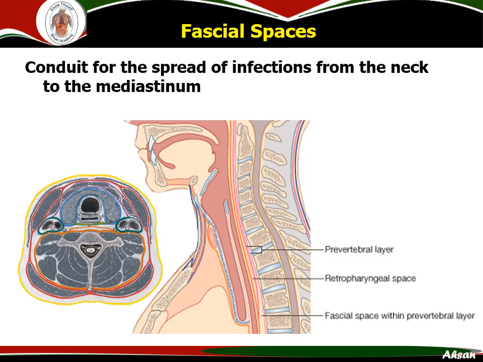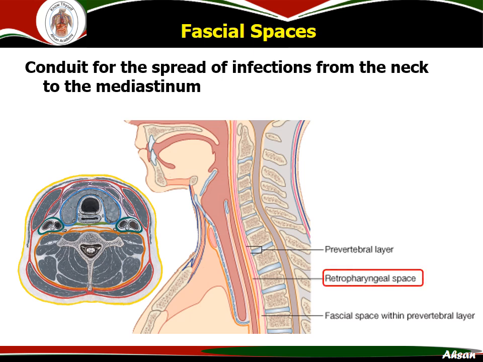Now, the fascial spaces are very important clinically because they have continuation into the thorax, and these spaces are very close to some organs and structures.